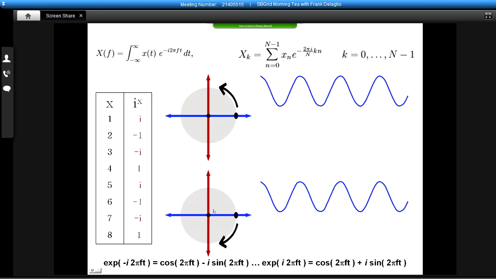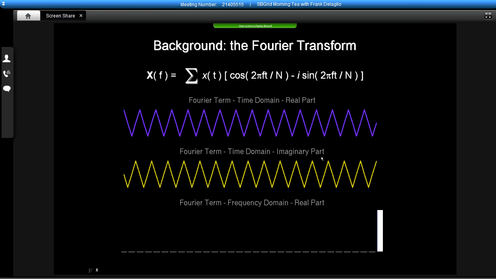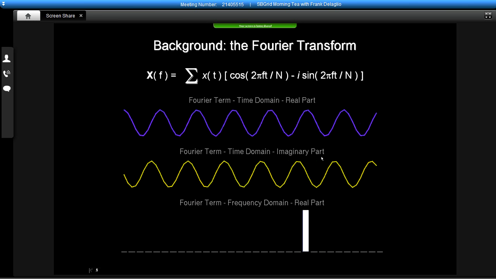It's only if we consider both components, and these are what correspond to our real and imaginary data that we measure in NMR, that we can distinguish between these cases of positive and negative frequencies, that is, orbits that are either clockwise or counterclockwise. But for the rest of the discussion, we're going to hide the imaginary parts of the data, just as long as we know that they're there.